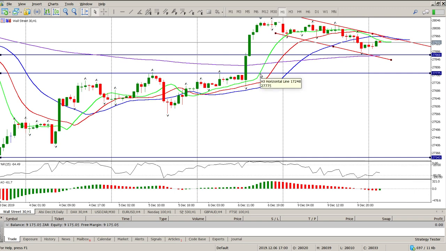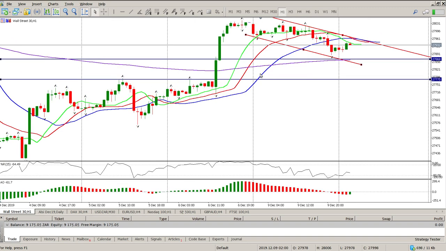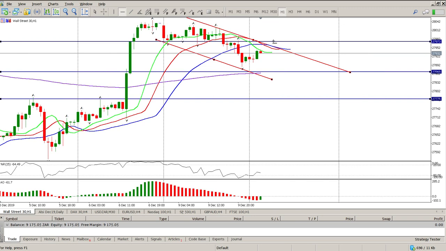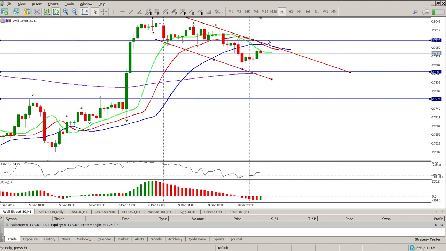Those are our levels. From where we are at the moment, what we're looking for is a break above 27,977.